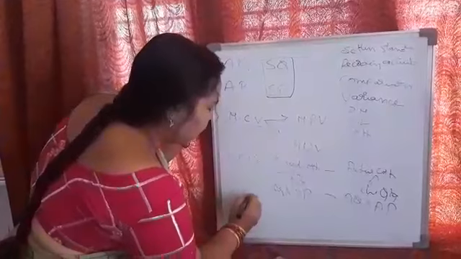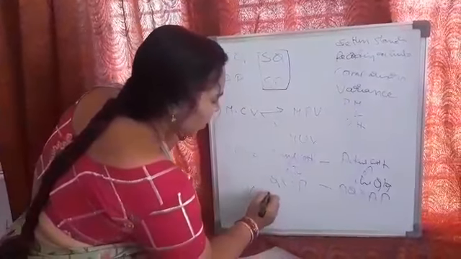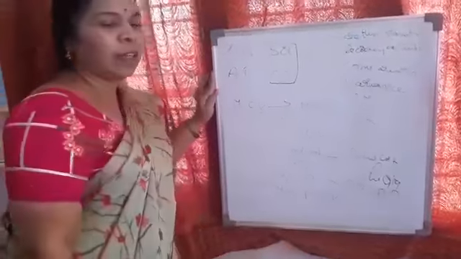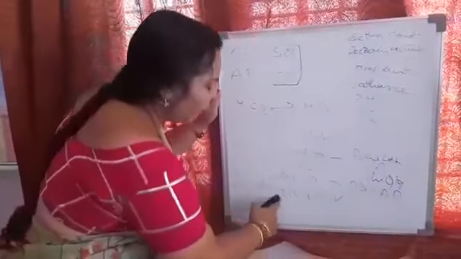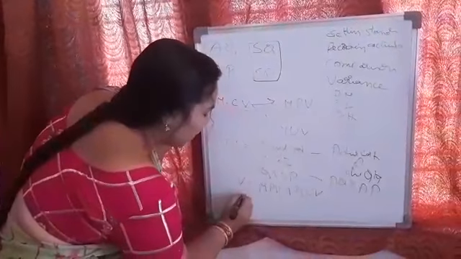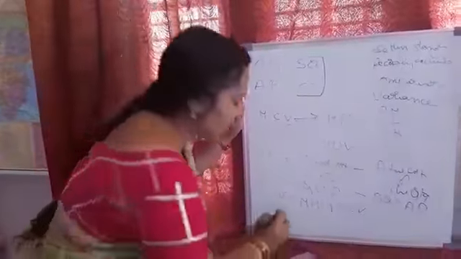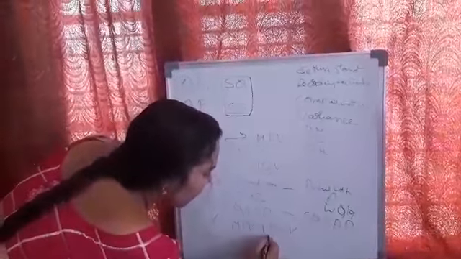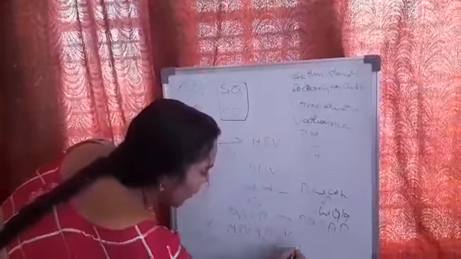Here MCV, material cost variance, is equal to MPV plus MUV, material usage variance. How will we find this MPV? MPV is material price variance. The formula is actual quantity into standard price minus actual price.